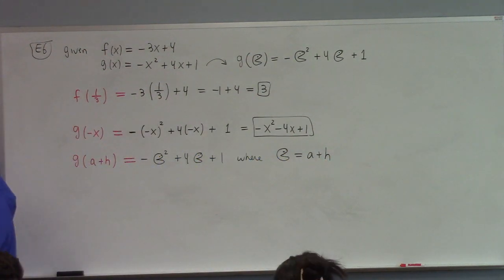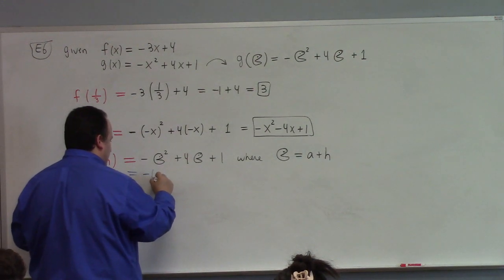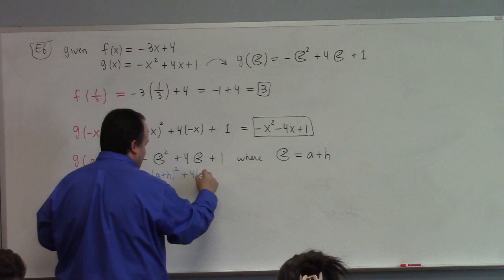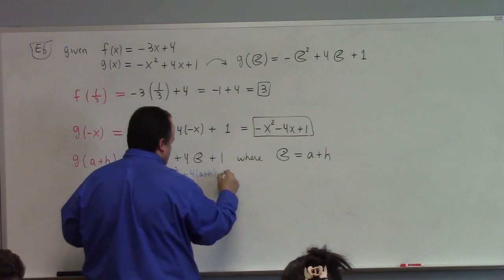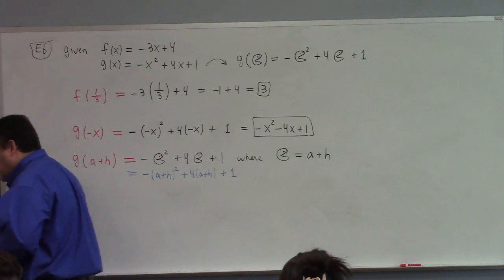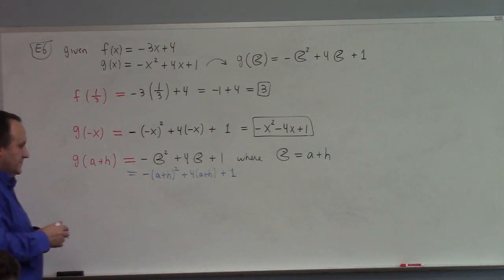So making that substitution, maybe it's more manifest. If you don't need to do this silly Pac-Man step, that's fine, but here it is: minus (a plus h) squared plus 4 times (a plus h) plus 1. If it didn't say simplify, I'd say we're done. But what if I said simplify? What should we do?